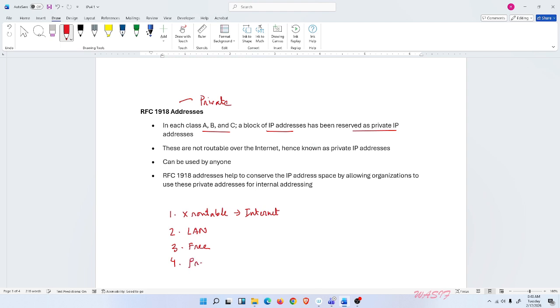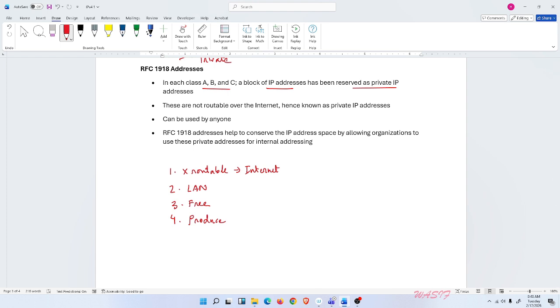You can produce your own as well. You can have duplicate IP addresses in different LANs, but not in the same LAN.